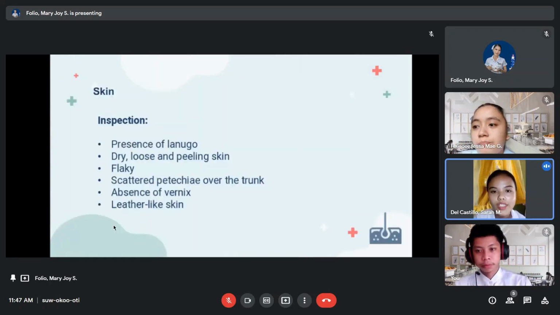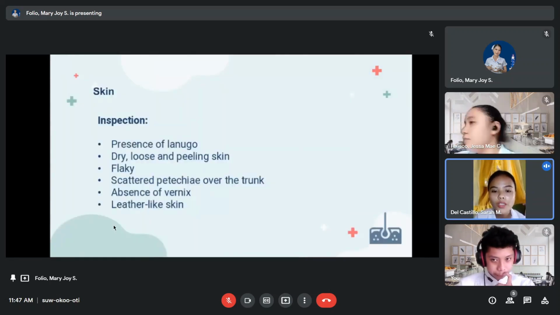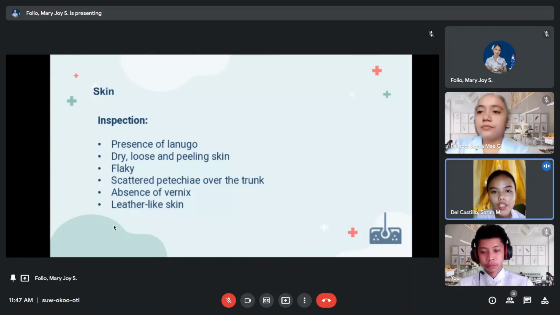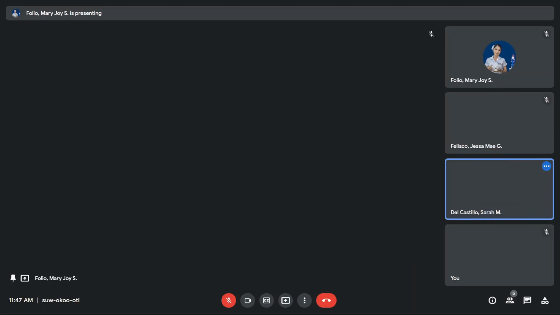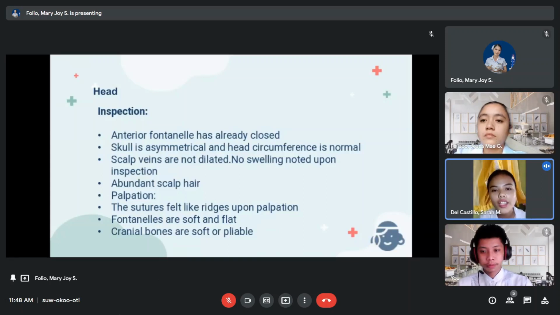So next slide. For the skin, upon inspection, there is a presence of lanugo, dry, loose, and peeling skin. It is flaky, with scattered petechiae over the trunk, absence of vernix, and leather-like skin. Next slide. For the head, upon inspection, the anterior fontanelle has already closed.